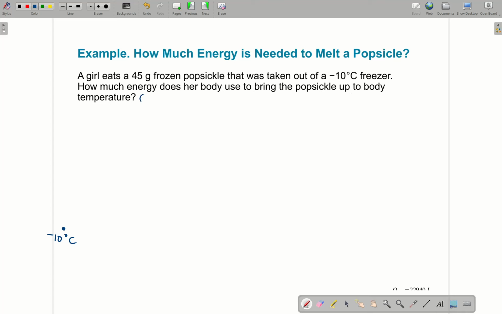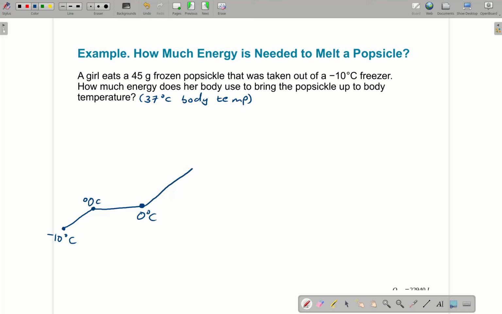An average body temperature, I should have put here, is 37 degrees centigrade. Okay, so she takes that frozen popsicle. First, she'll have to heat it up to 0 degrees, right? And then she'll have to melt it at 0 degrees.